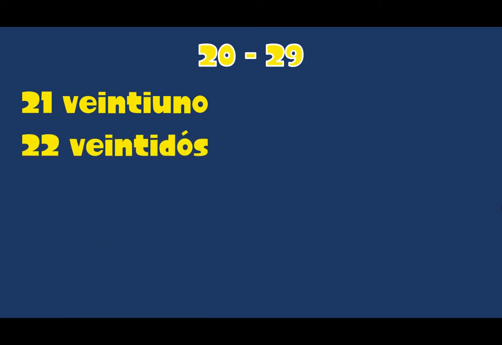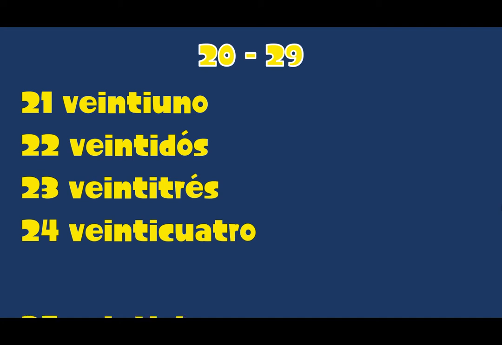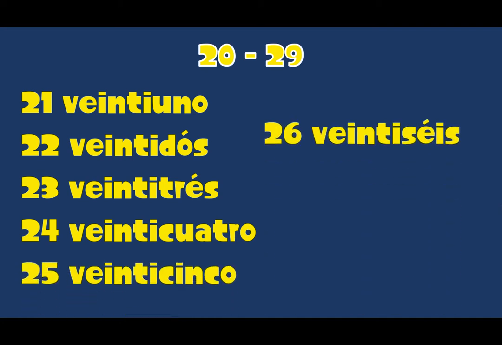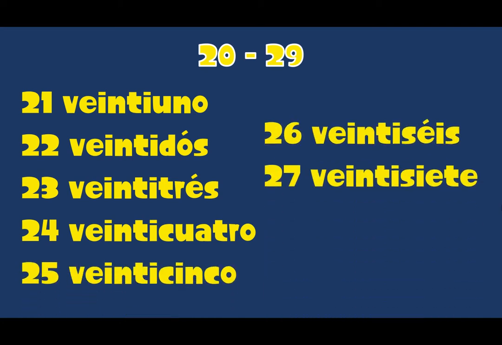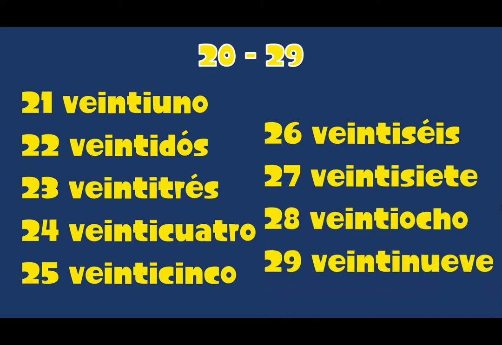Next, let's work on the numbers from 20 to 29, from 20 al 29. 21, 22, 23, 24, 25, 26, 27, 28, 29. You can see that from 20 to 29, we're using a similar system from 16 to 19.